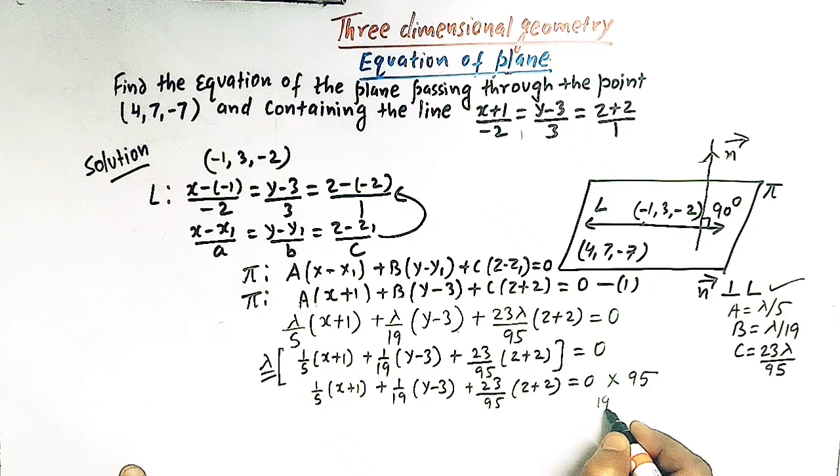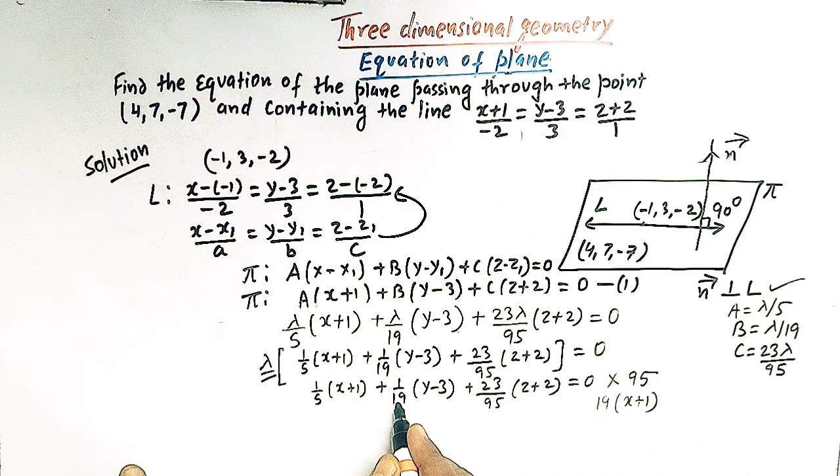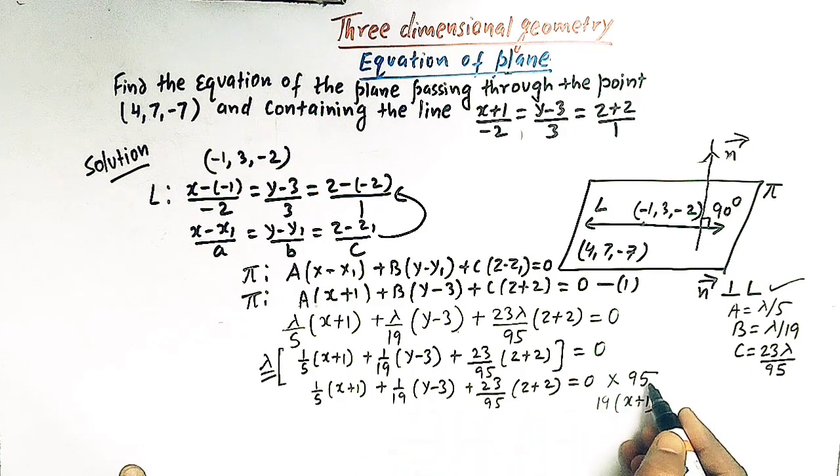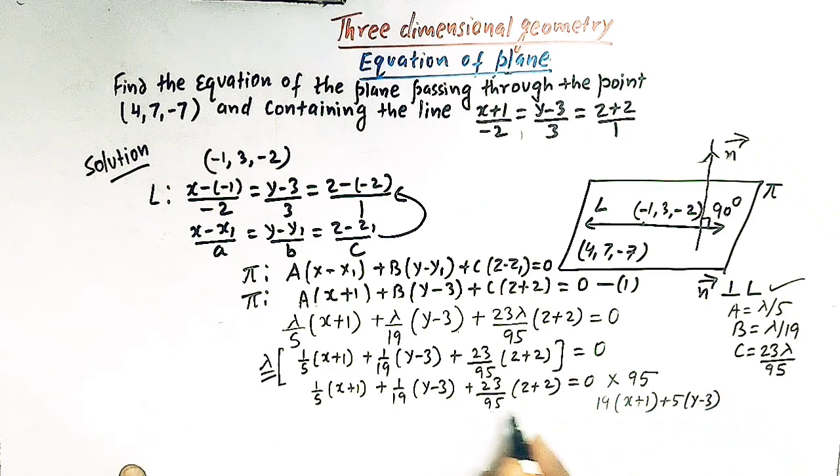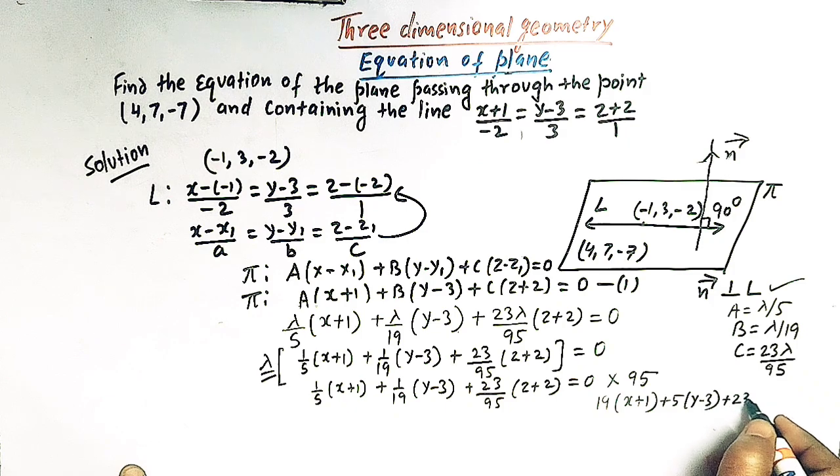So we have 19 times x plus 1, and here we have 19. So 19 times 5 is 95. So here we have 5 times y minus 3, and 95 and 95 get cancelled. So we have here 23 times z plus 2 is equal to 0.